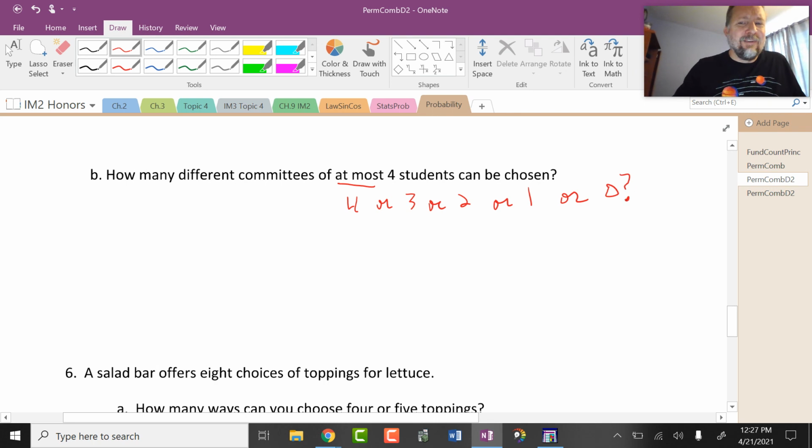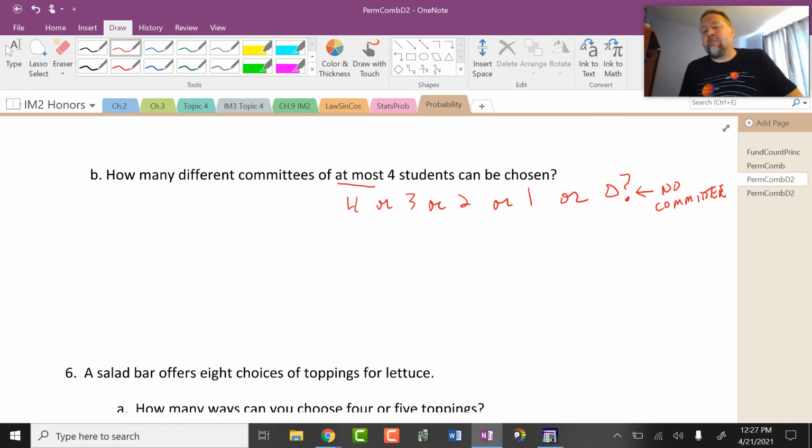Or zero, if we had zero people chosen, if that's the right word, then there'd be no committee. So this is where zero doesn't really make sense. Zero makes sense in the video store example, but it doesn't make sense because you don't have a committee.